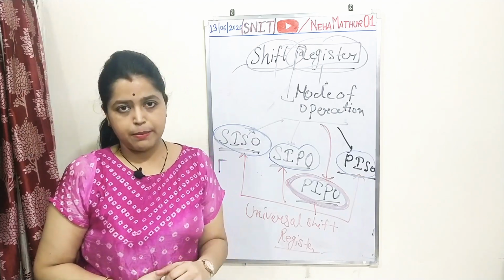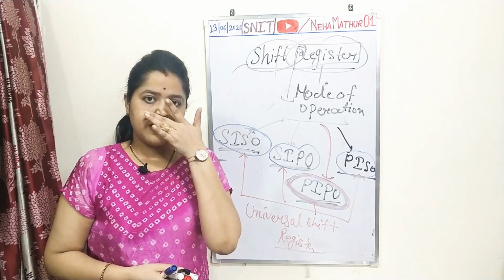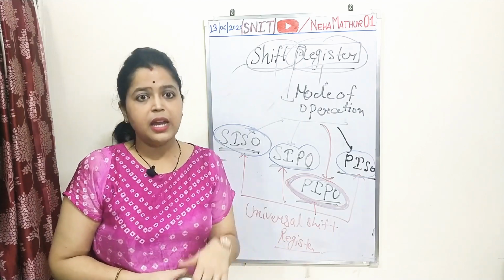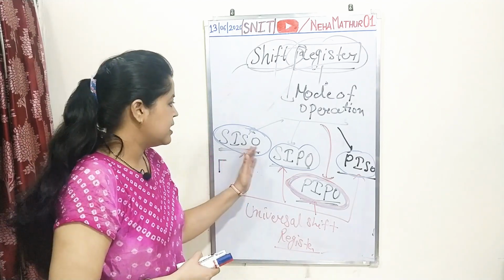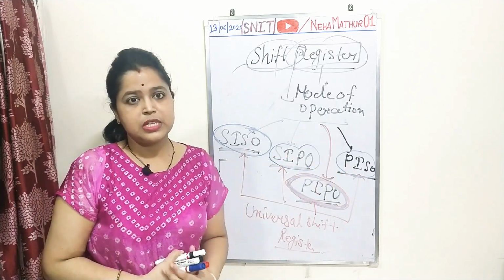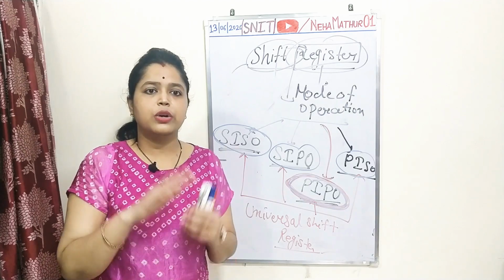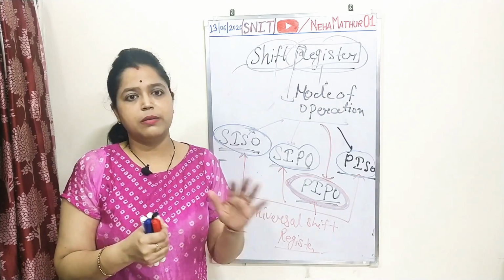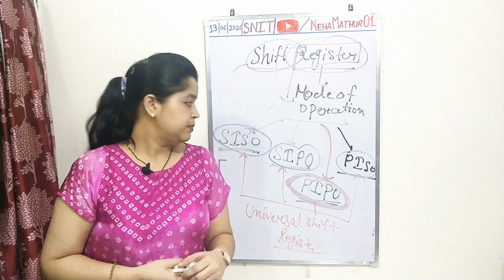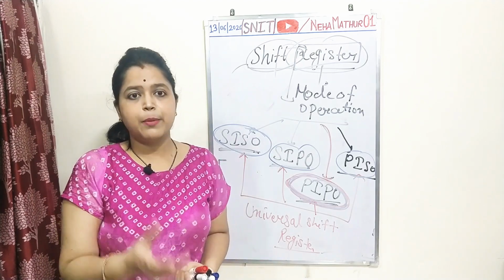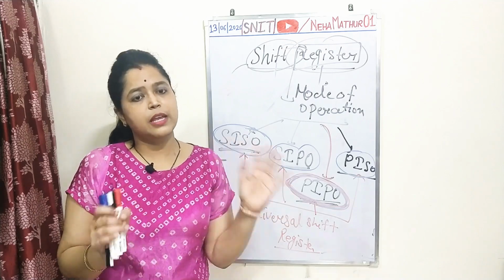Now just take an example. See, if you have an IC of a universal shift register, then there is no need to buy individual ICs for each mode. Suppose you are designing a project related to electronics, and during that you need a register, and two students are performing the same project.